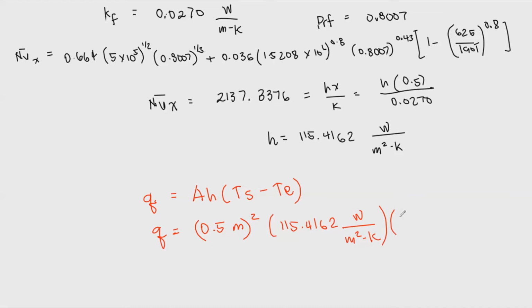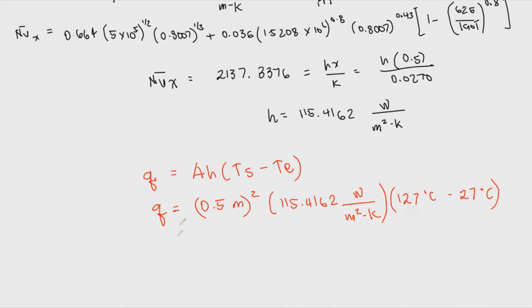So remember, Ts is actually the temperature at the wall. So that is 127 degrees Celsius, and then the air would be 27 degrees Celsius. So evaluating that would lead us to an answer that is 2885.4050 watts.